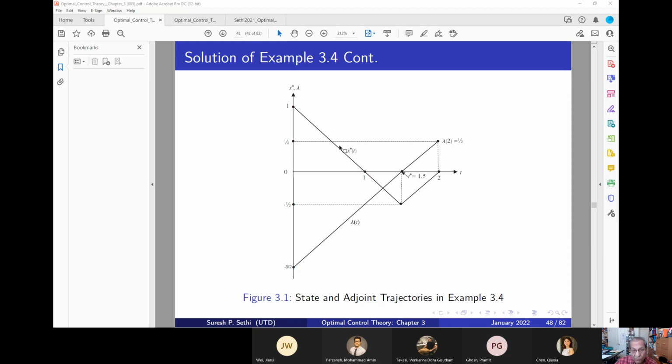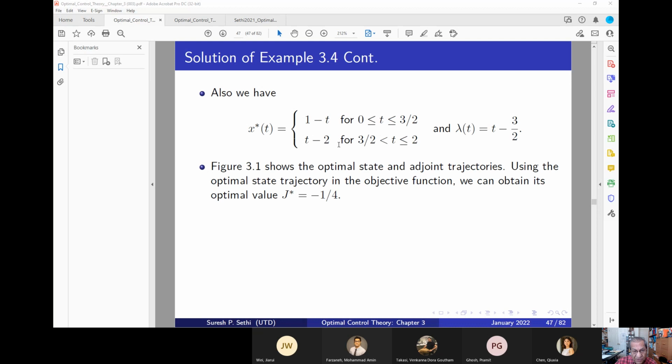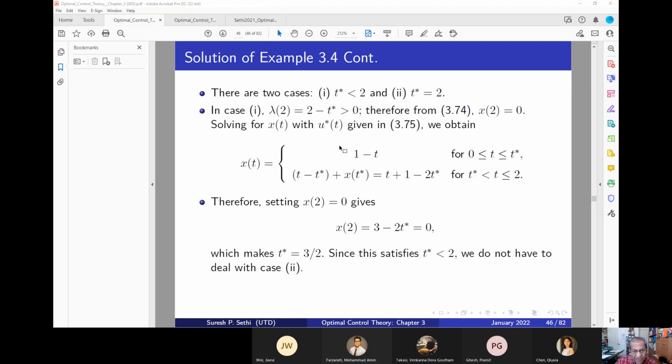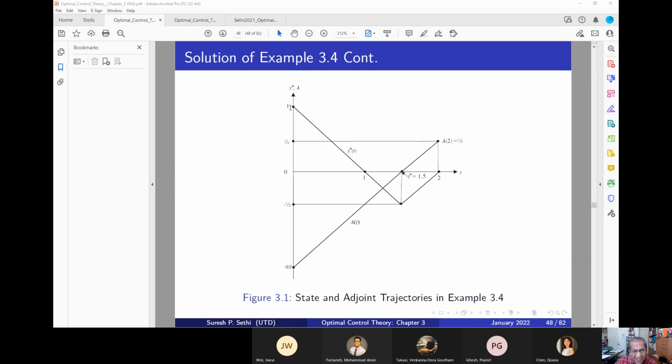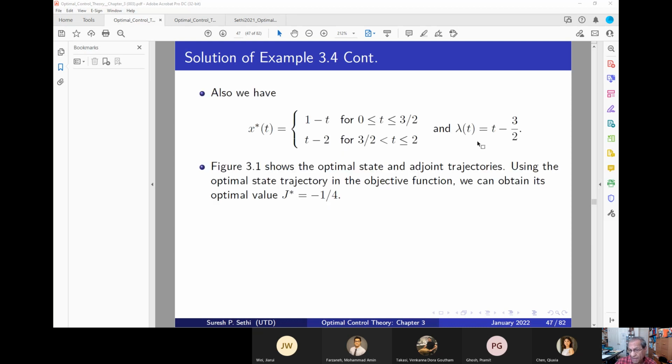One way to find out the marginal value is I can change this initial value x from 1 to 1 plus epsilon. And if I change from 1 to 1 plus epsilon, then lambda 0, I already know what lambda 0 is.